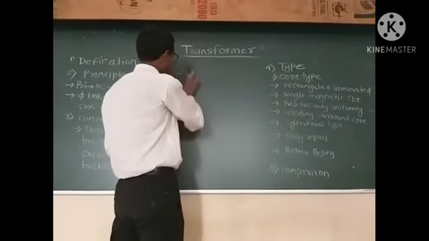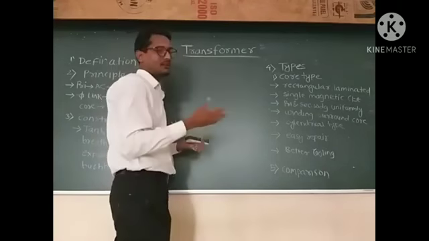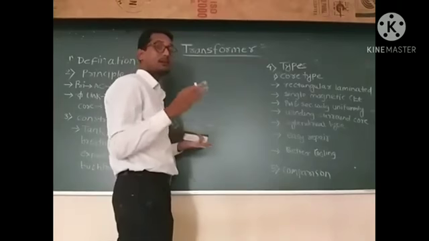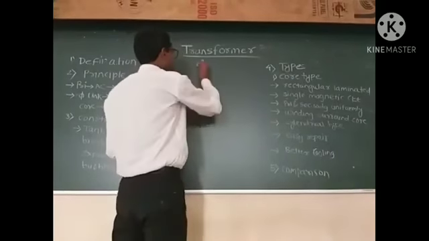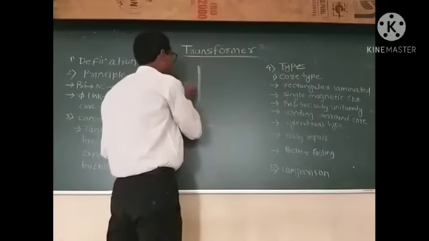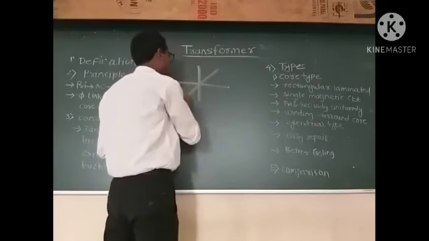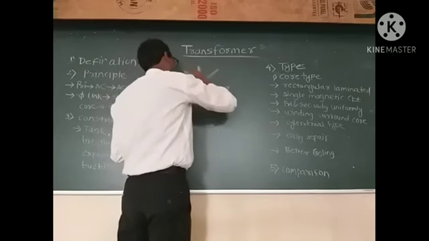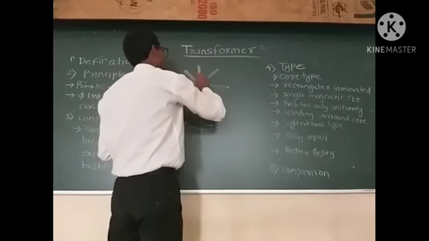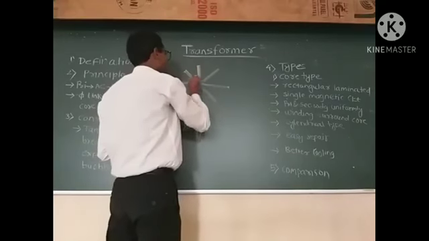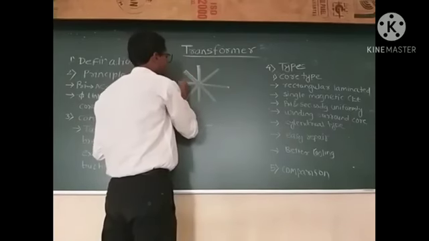In shell and core types we have only a single magnetic circuit or a double magnetic circuit, but this Berry type of transformer is a multi-magnetic circuit type of transformer. Here a number of magnetic circuits are present, and the structure of the core is like the spoke of a wheel.